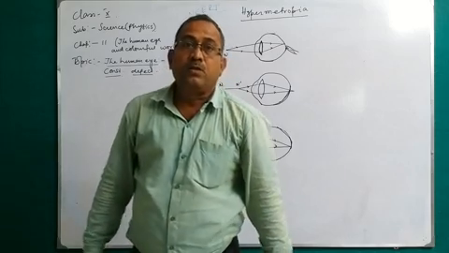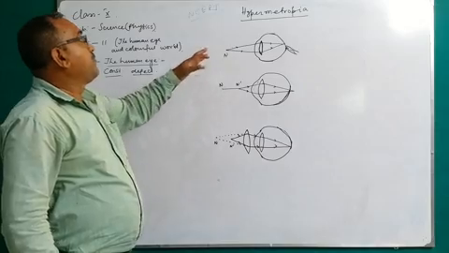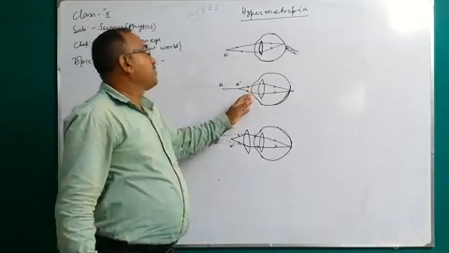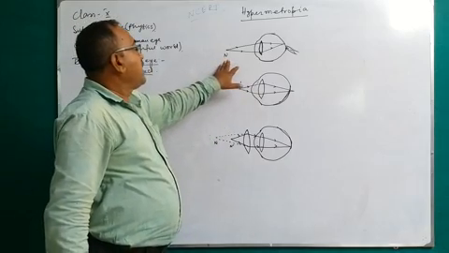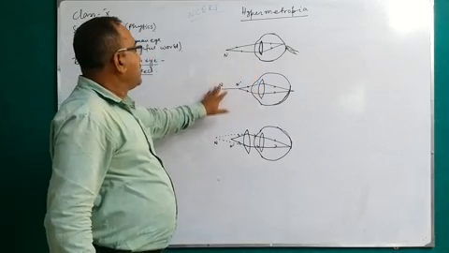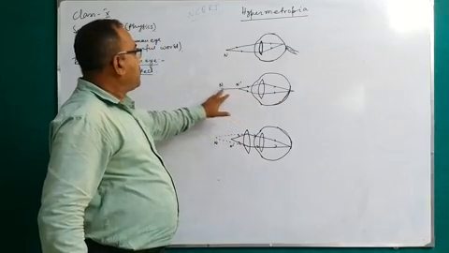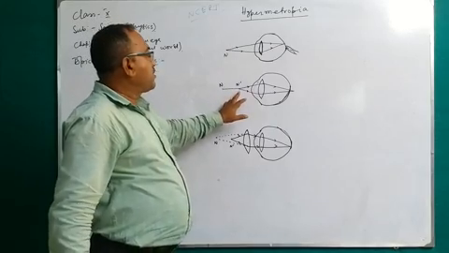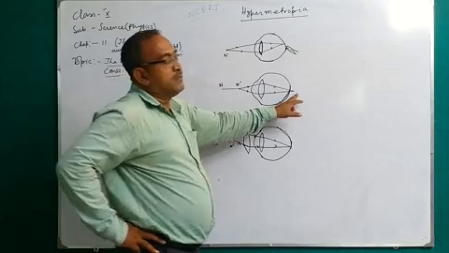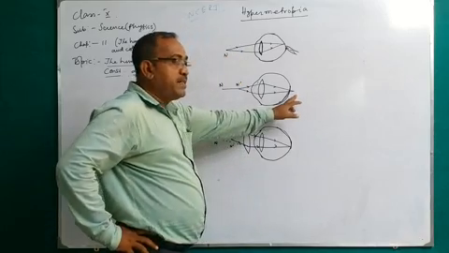So, the question type is, you draw the hypermetropic eye. You draw the three diagrams. This is the near point for the normal human eye. This is the near point, here, you cannot see the object at that point. So this is the image formed behind the retina.